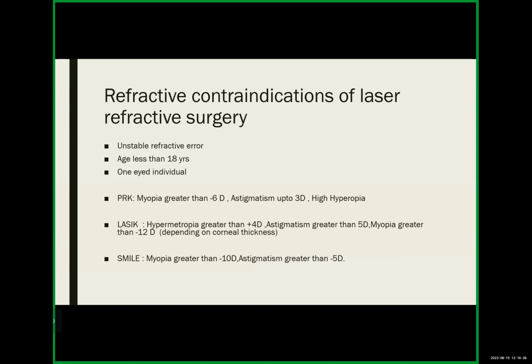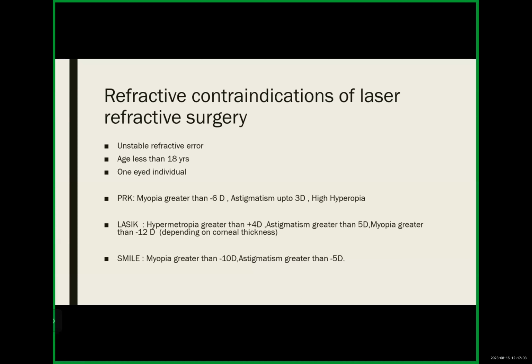For PRK, myopia greater than -6 diopters, astigmatism up to 3 diopters, and higher hyperopia are contraindications. For LASIK, hypermetropia greater than +4 diopters, astigmatism greater than 5 diopters, myopia greater than -12 diopters.